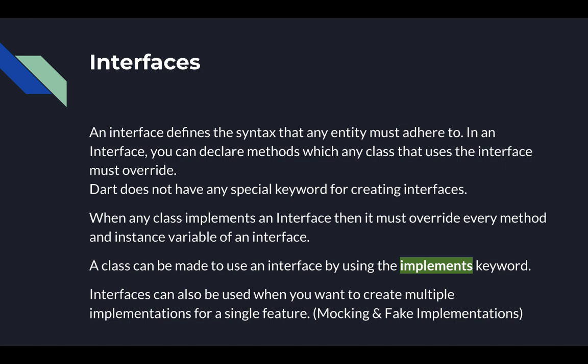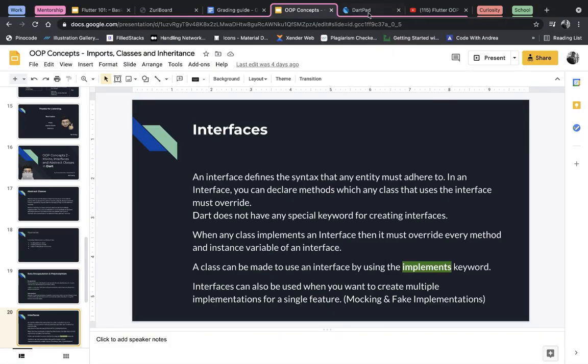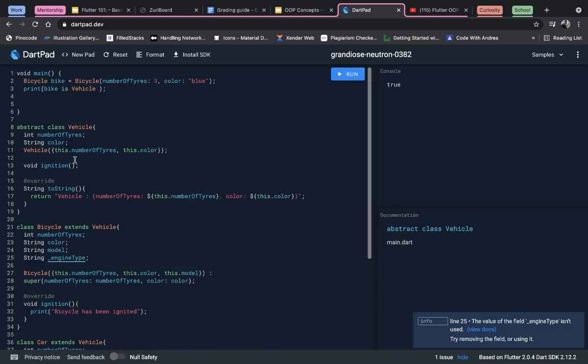So we talked about abstract classes. Here we created vehicle as an abstract class, and in creating it, we added this toString override.